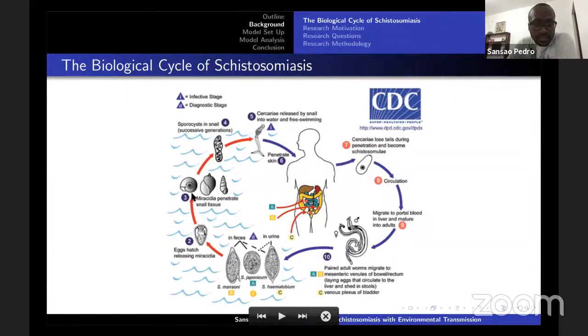Then it is the miracidia that will penetrate the snail. Okay, inside the snail, it will reproduce sporocysts that then will release cercaria. Okay, so cercaria, these are free swimming worms. So these cercaria are the ones that will infest humans by penetrating the skin.